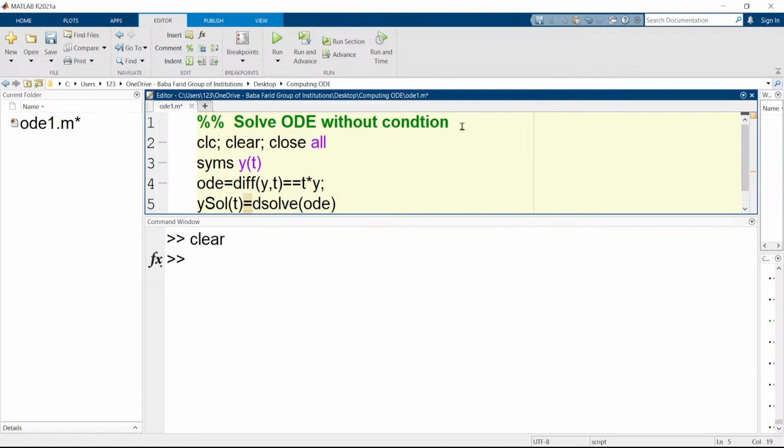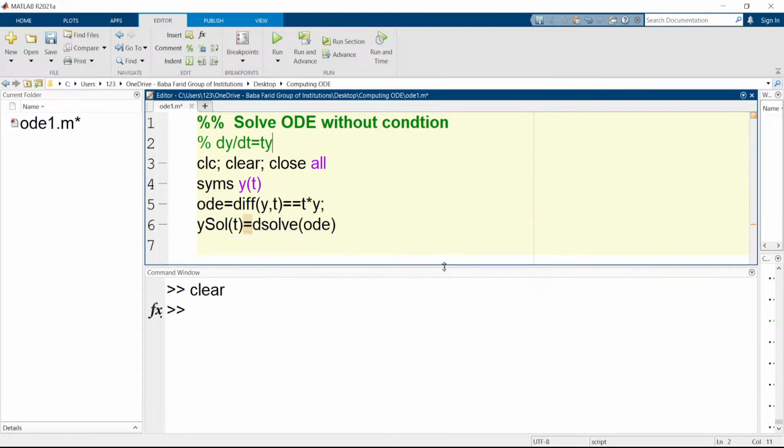Okay, and also let me let you know the percentage sign is used for the comment. So here we are going to solve the differential equation dy upon dt is equal to ty, and we don't have any initial conditions or boundary conditions.